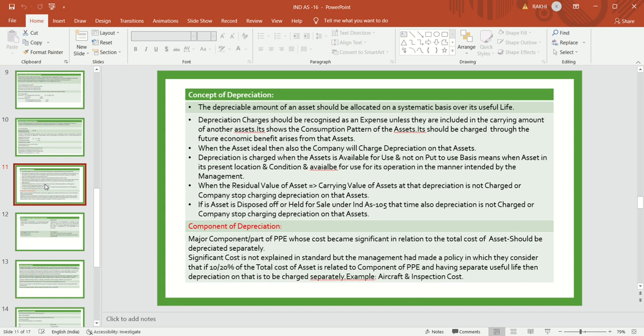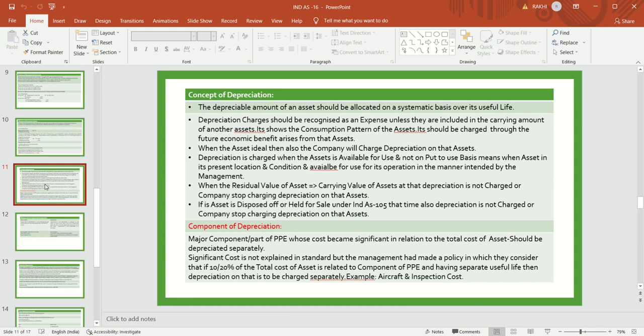The cost of the aircraft is 85 lakhs and the inspection cost is 5 lakhs. So the cost is different and the cost is major. Inspection is to be done at regular intervals, and the useful life of inspection is 3 years while the useful life of the aircraft is 20 years. So they have different useful lives.